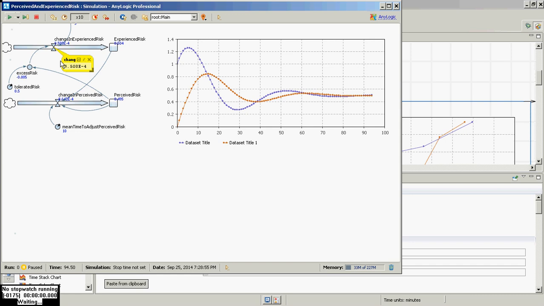So it's adjusting toward the target, but using this delayed version of experienced risk. And that leads to these overshoots. So we have these oscillations come out. And it's believed that similar oscillations explain a lot of the oscillations we see in the real world. When you have systems that exhibit negative feedbacks with long delays, you get these overshoot phenomena. You get cycles. You get oscillations out of them.